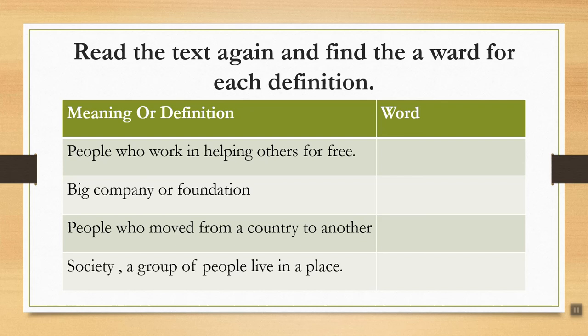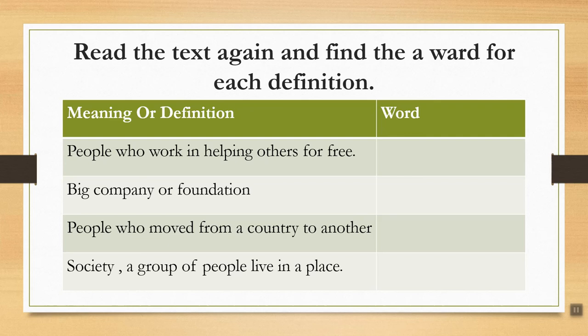Okay, big company is what? Organization. The third one, people who moved from a country to another, they are immigrants. Immigrants.